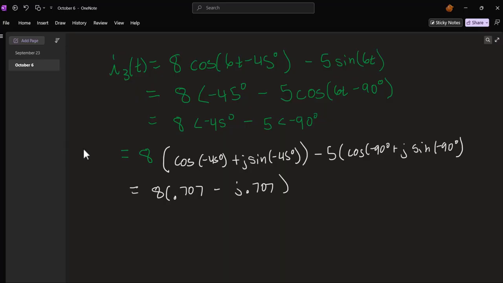So the inductive impedance is jωL, which is greater than 0. And the capacitive impedance is minus j over ωC, which is less than 0.